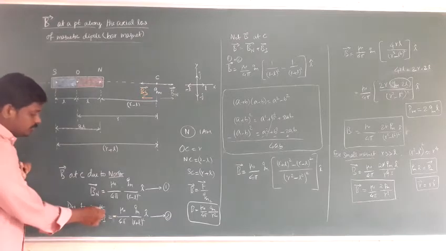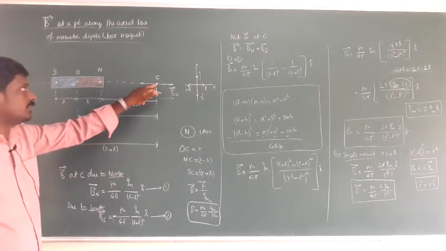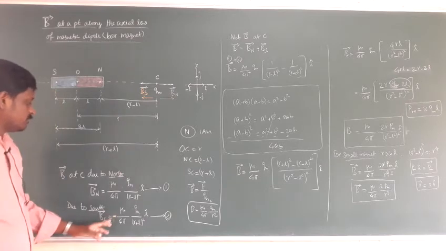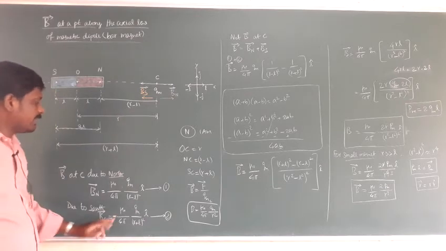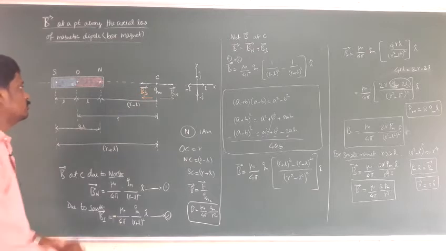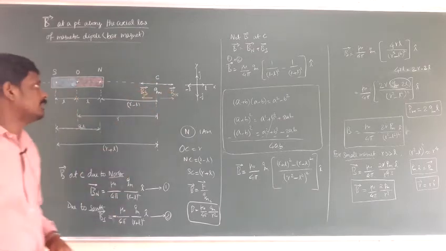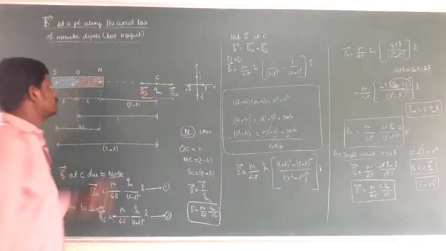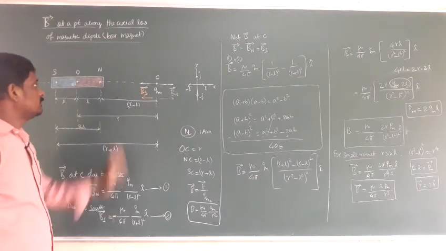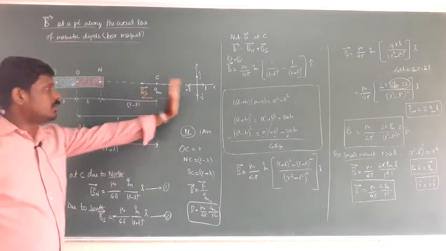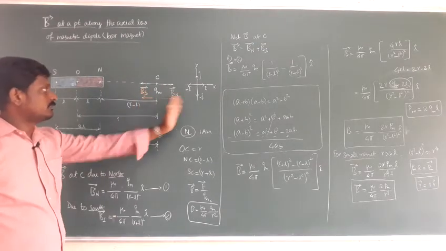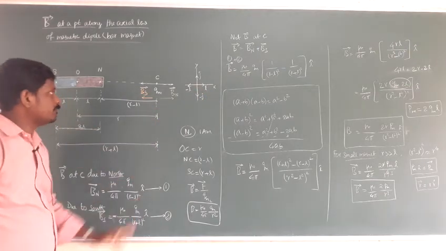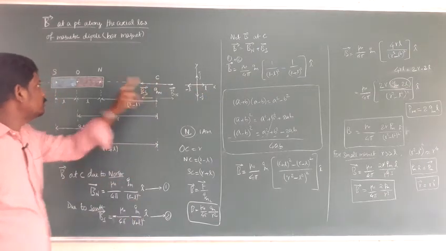Again, similarly due to the south pole. What is the magnetic field at the point C due to that south pole? Again it's the same, but we need to use the minus symbol. Why? Just observe the diagram more clearly. We are using a north pole here, so north and north repel. The magnetic field points outwards, away from the origin, so it's positive, along i cap. Here is the north pole, here the south pole.